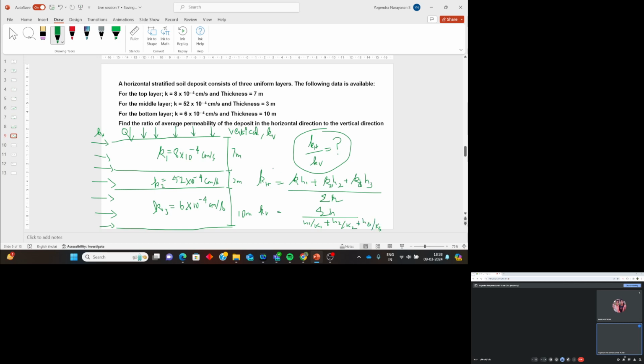You can note that KH will be always greater than KV. So if you substitute these values, you will get whatever value you got, approximately 1.77, which can be approximated to 1.8, right? Sir. Okay. Now we can go to this question.